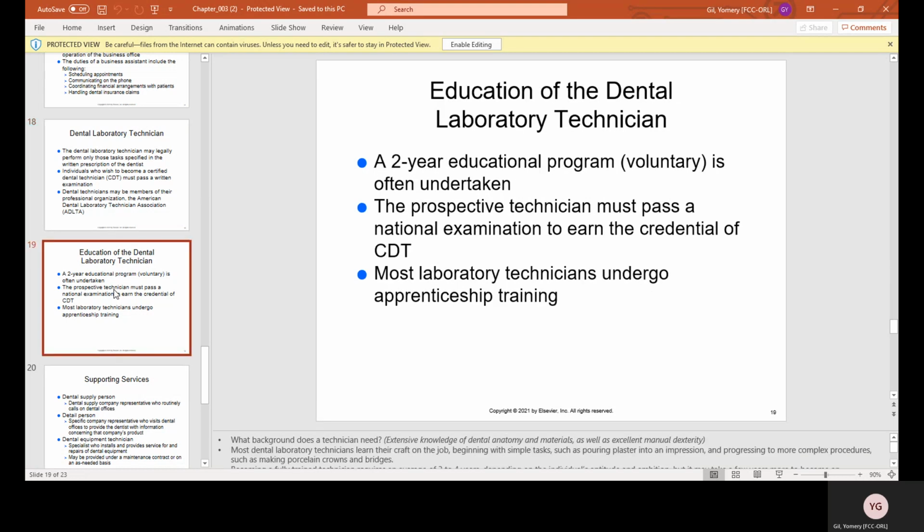The education of the dental laboratory technician is a 2-year educational program. It can be voluntary, and is often undertaken. The prospective technician must pass a national examination to earn the credential of CDT. Most laboratory technicians undergo apprenticeship training, which means they don't go to school for it, but they are trained by somebody that is already a technician.